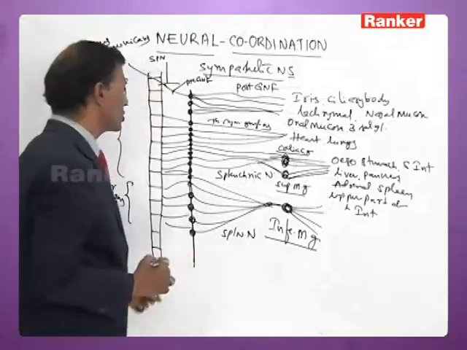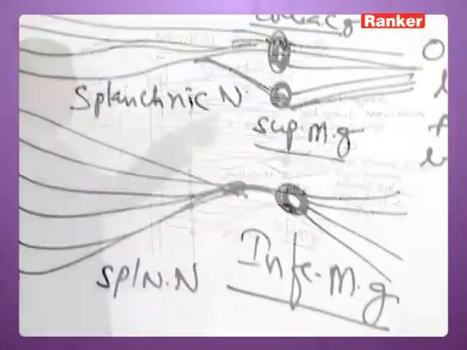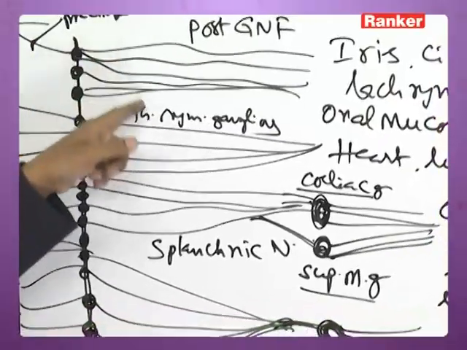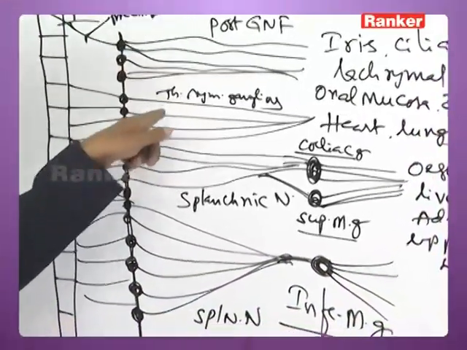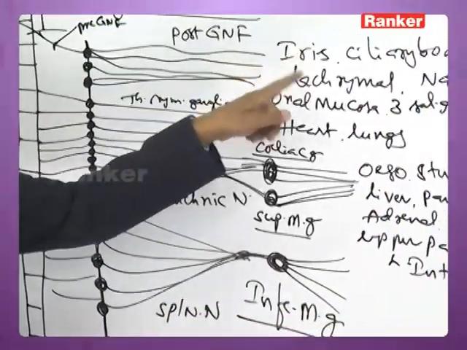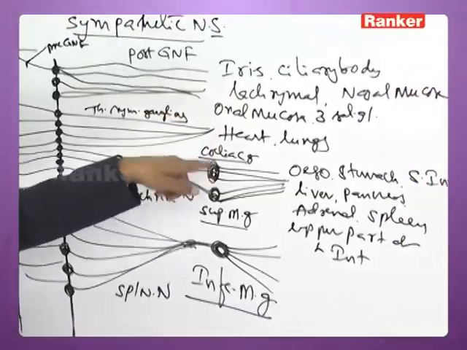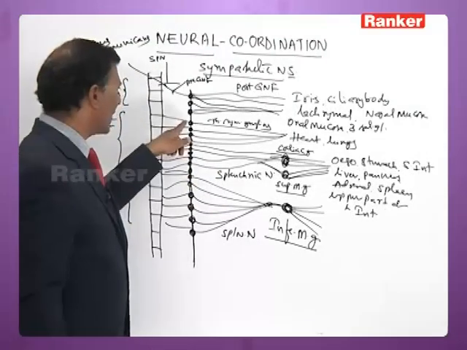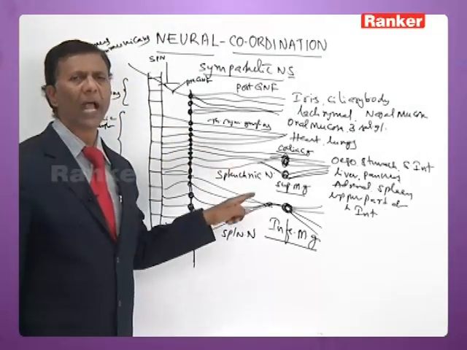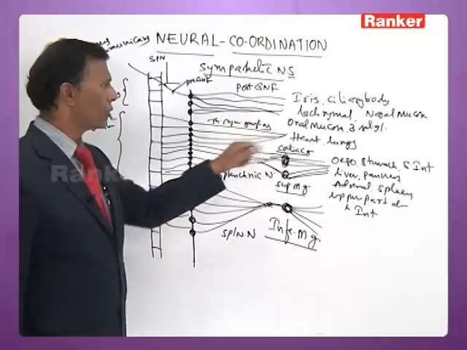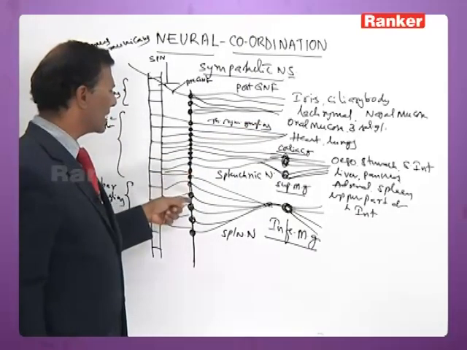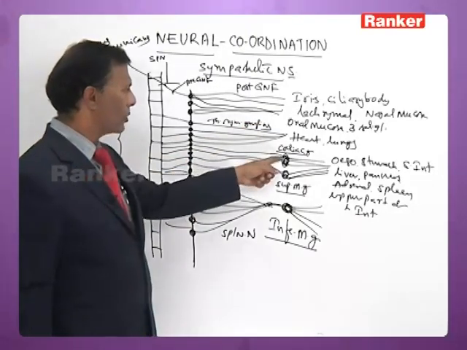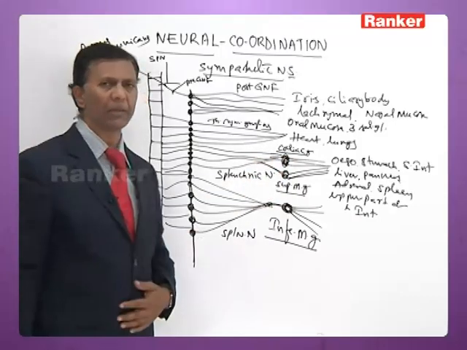Here. So here you have cervical, the postganglion nerve fibers of superior cervical, median cervical, inferior cervical. They go to iris, ciliary body, lacrimal gland, nasal mucosa, oral mucosa, 3 pairs of salivary glands. Then upper thoracic postganglionic nerve fibers are supplied to heart and lungs. Lower thoracic and upper lumbar are supplied to celiac ganglion and superior mesenteric ganglion.